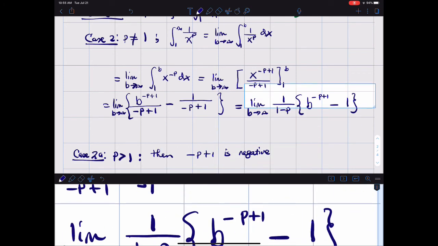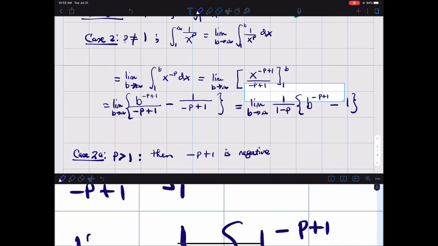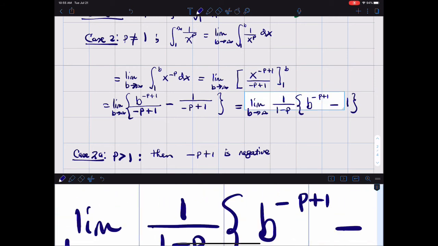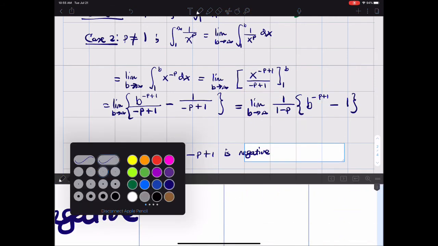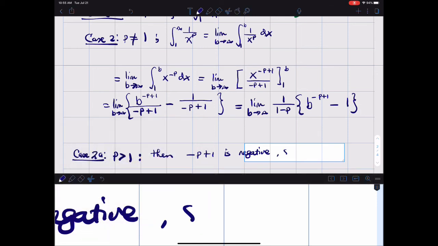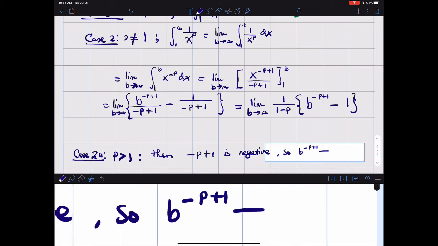And if it's negative, this value goes to 0. So b to the minus p plus 1 goes to 0 as b goes to infinity.